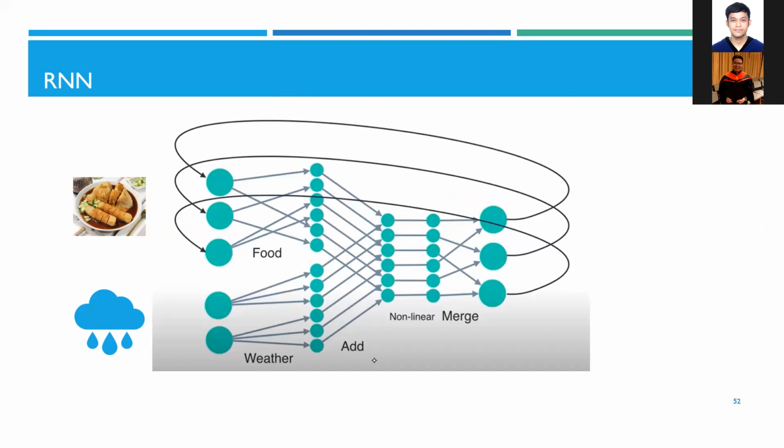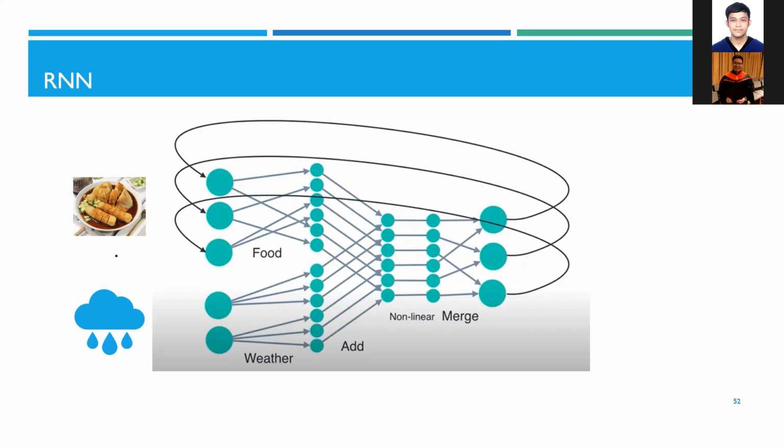Okay. RNN, if we further improve it, for example, we should be creative with the neural network. Now, I want to make a more accurate prediction. So, I want to guess what Dr. Yogi will eat, not only based on what he ate the previous day, but also according to the weather.